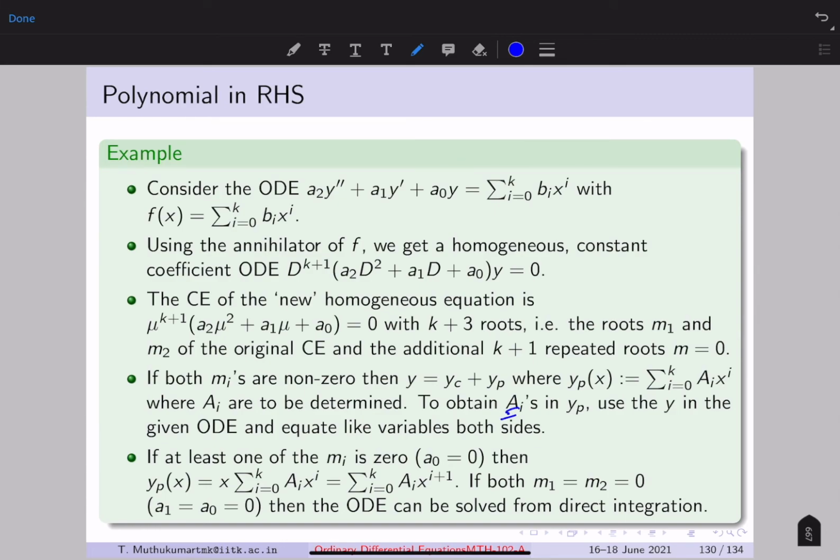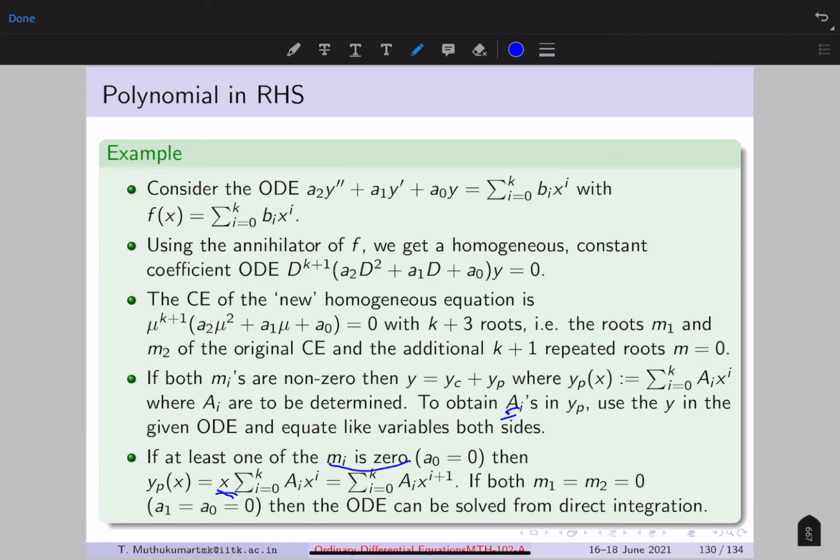If one of the m1, m2 is 0, then you need to choose your yp with another multiple x, because already there will be a 1 there, so you have to start here with an x. Okay, so that is one.